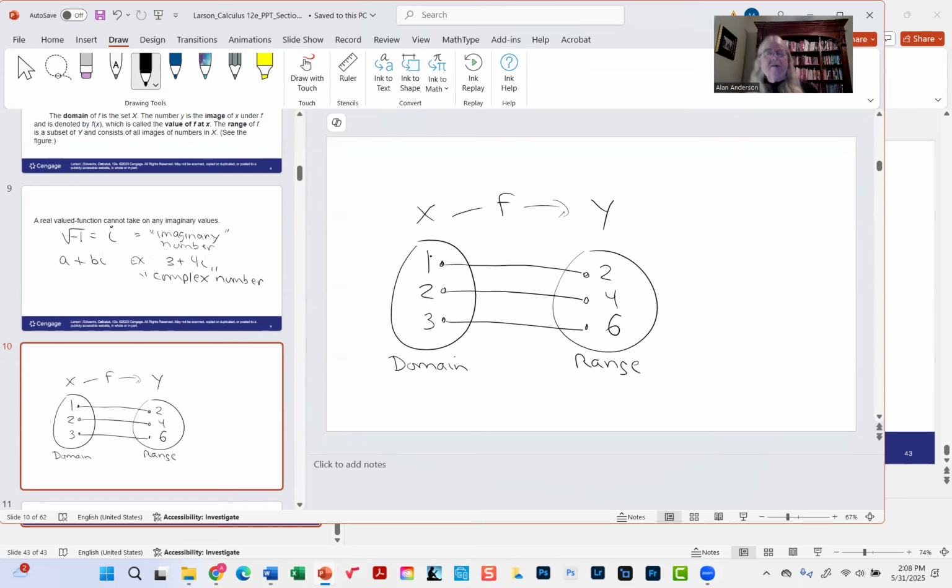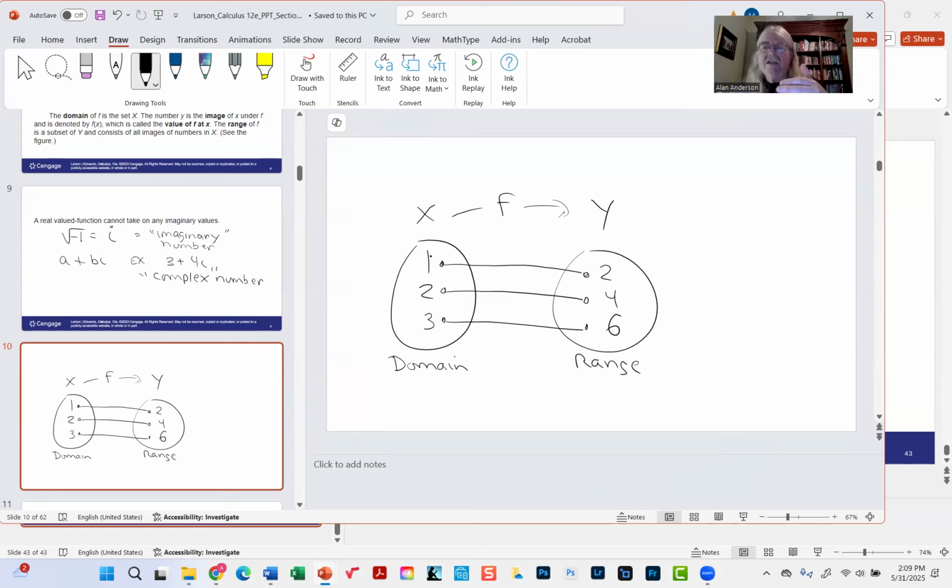Now, you may remember from pre-calc, a lot of time was spent trying to identify the domain and the range of a function. There are a lot of rules that we can learn to help us figure out what the domain and the range are, but just be aware that the domain is simply all the x's that do not result in either division by 0 or possibly an imaginary number, because these are meant to be real valued functions.